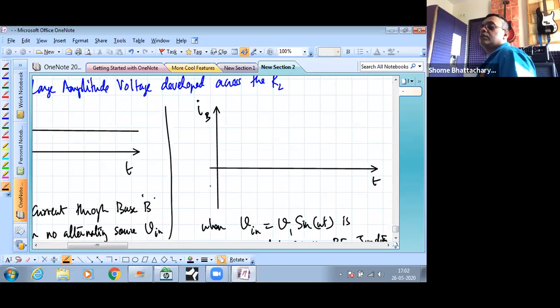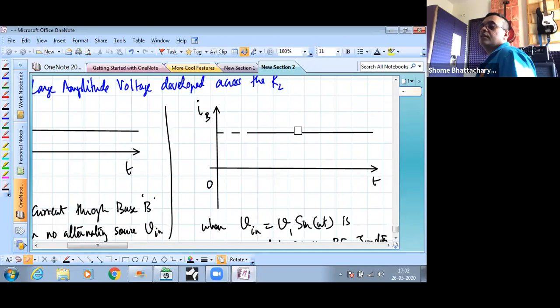It's no longer a DC. What would have been my flatline DC earlier, but now the voltage across the base emitter junction is still always forward biased because your DC battery is in place and keeping it forward biased. But the value of that voltage is now fluctuating because of the input voltage.